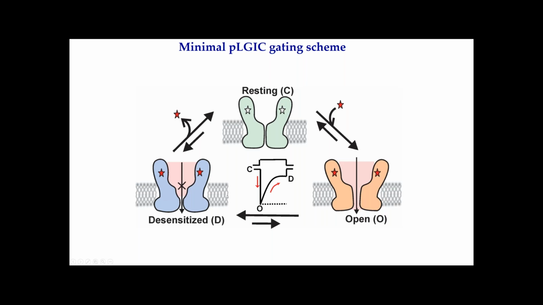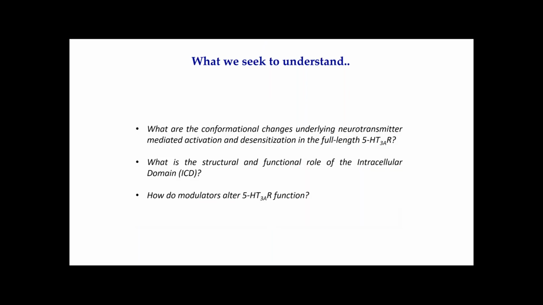So it is important that you start off with having at least these initial states or conformations of the receptor. So what did we want to understand? We wanted to first understand the conformational changes that underlie serotonin activation and desensitization in a full-length receptor. We wanted to understand the structural and functional role of the intracellular domain, and how modulators affect 5-HT3 receptor function.